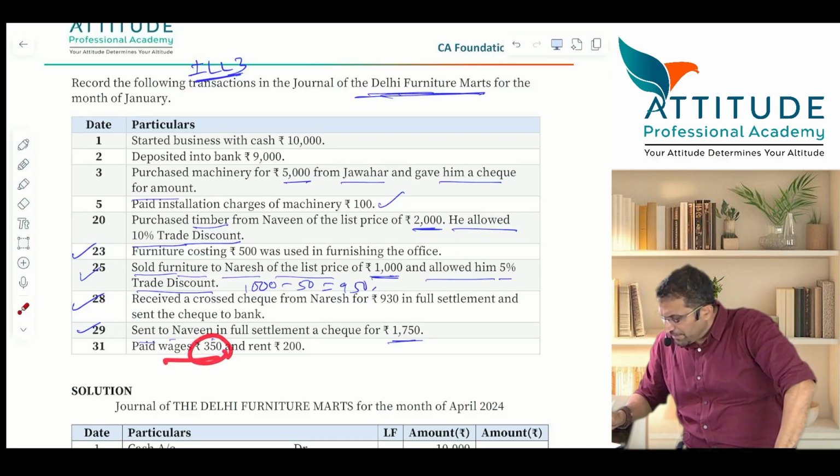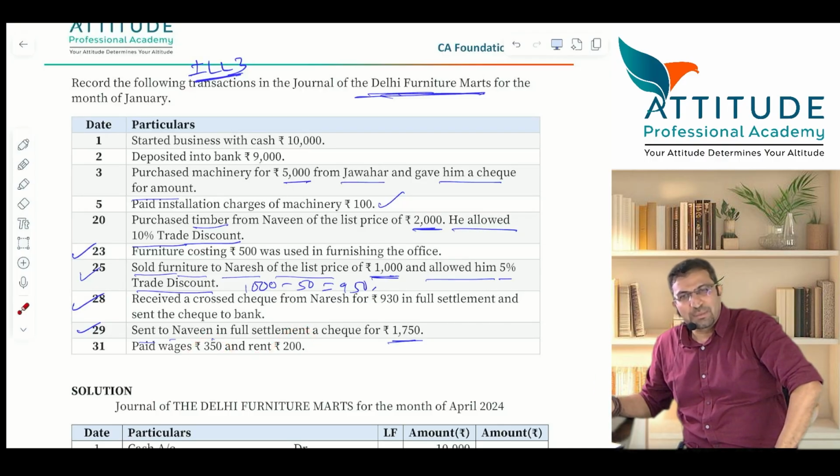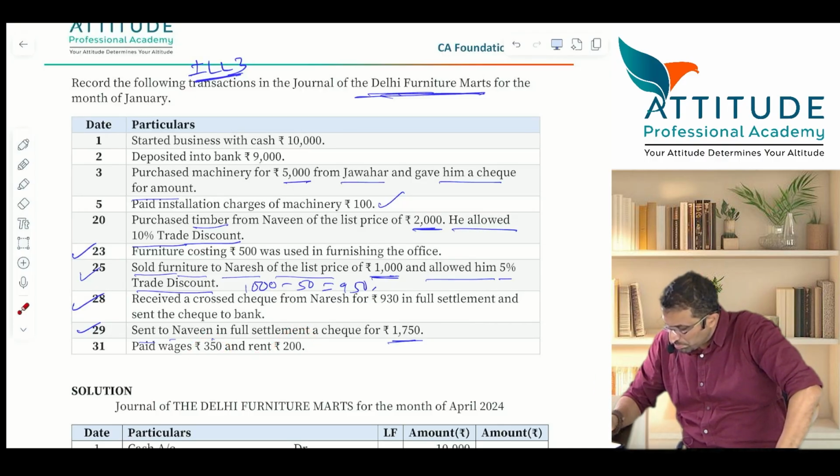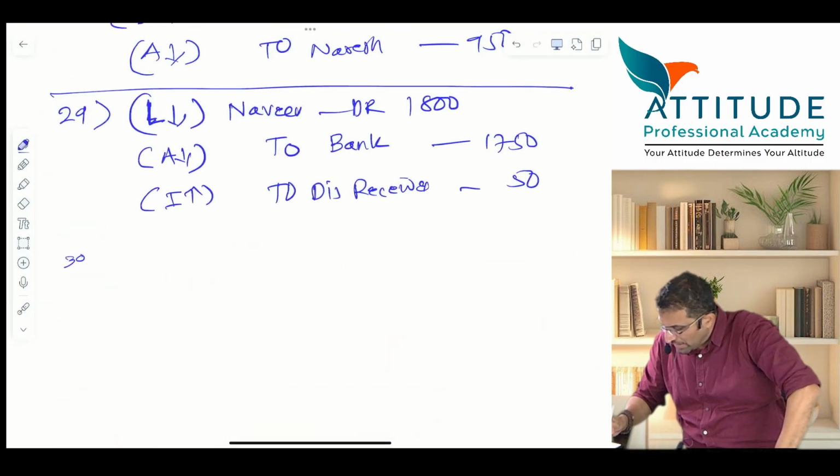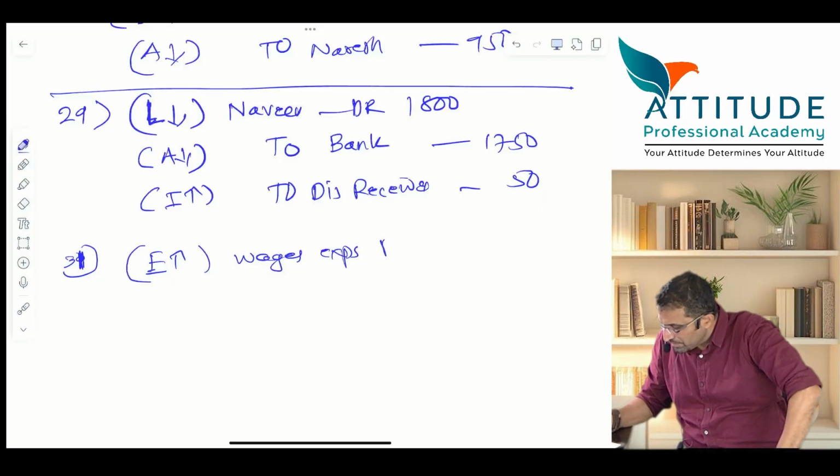Paid wages 350 and rent 200. Very simple. This is the simplest entry. Tell me the entry. On the 30th, expense, 31st. Expense increases. Wages is an expense. Wages expense debit. And one more expense is being debited. Which one? Rent expense debit.